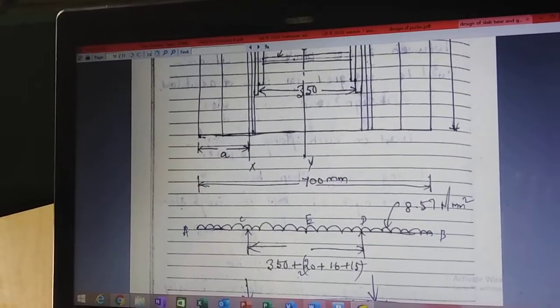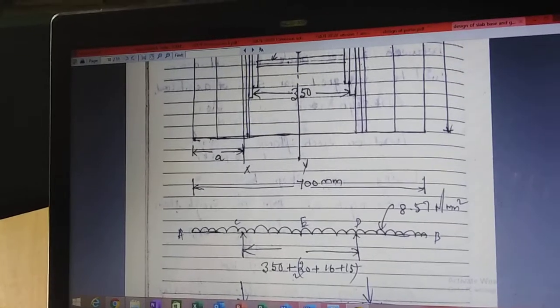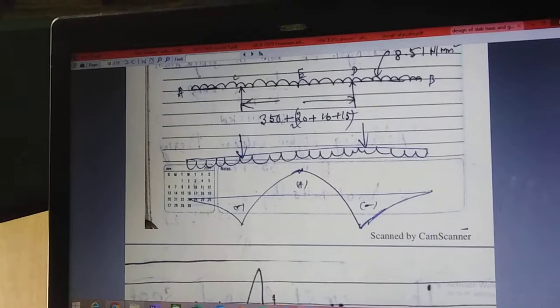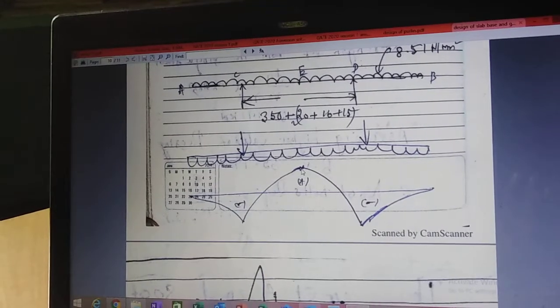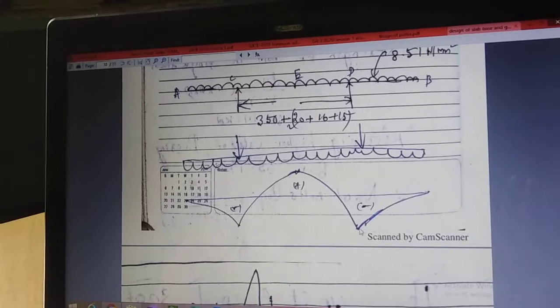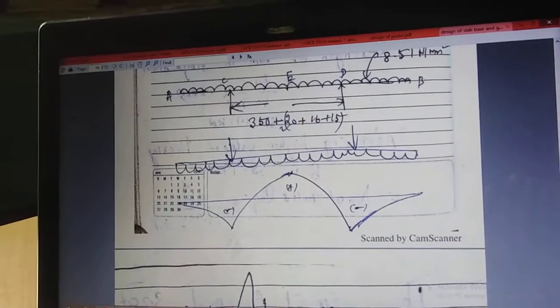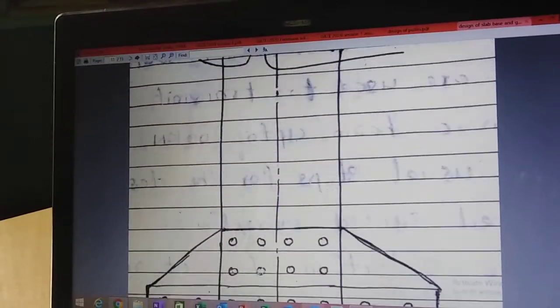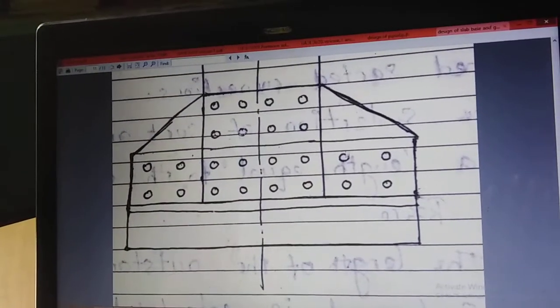This figure shows the load distribution. This figure shows the bending moment diagram. This one shows the section having the maximum positive bending moment. This one is the point of hogging moment, and this figure shows the connection details.